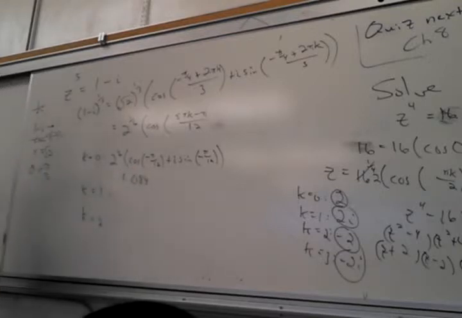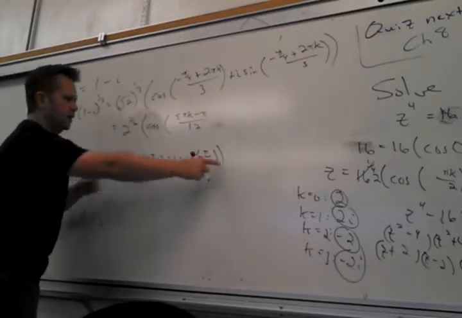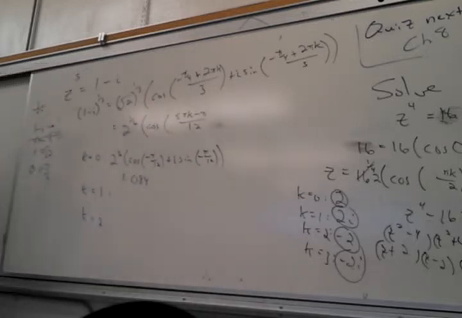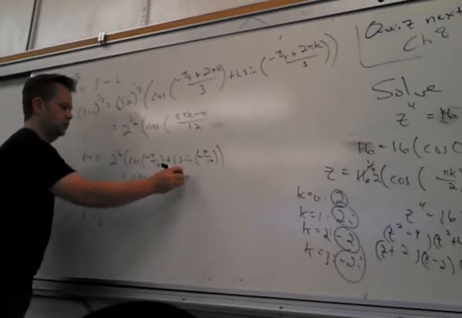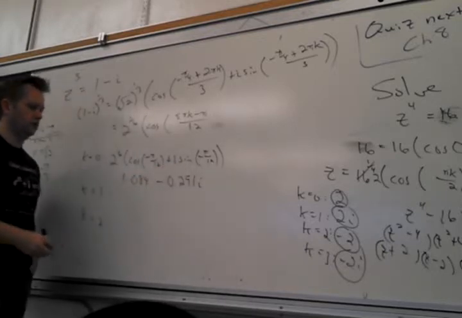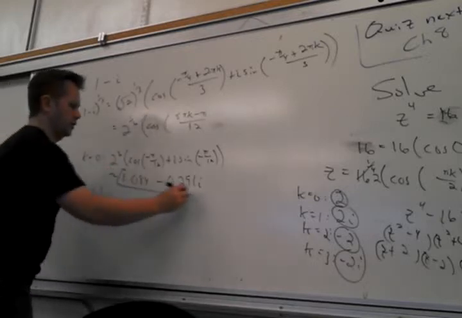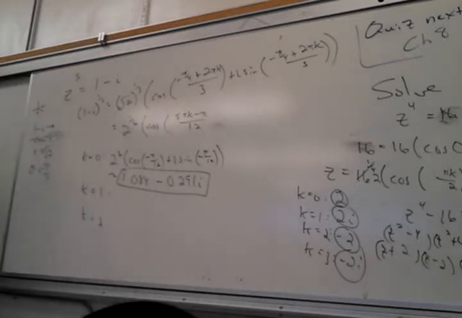All right. And then what's 2 to the 1/6 times sine of negative pi over 12? So it should come out negative. 0.291, roughly. So it's approximately this. Cool. I like it. How are we doing so far?